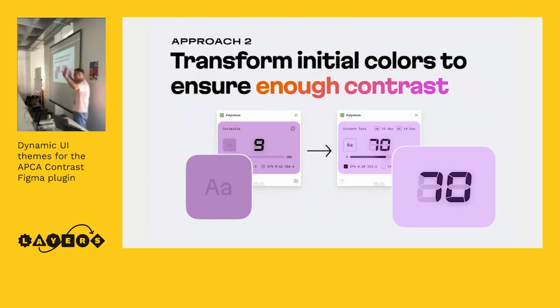Okay. Now, finally, we can gather all things together. We got our idea about transforming the colors. We got our tool, OKLCH, that provides implementation for this idea.